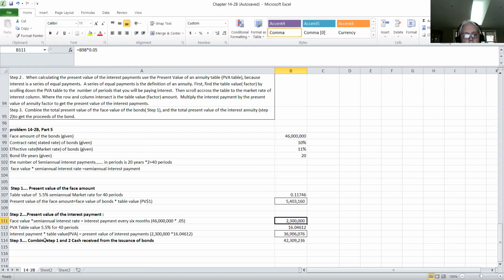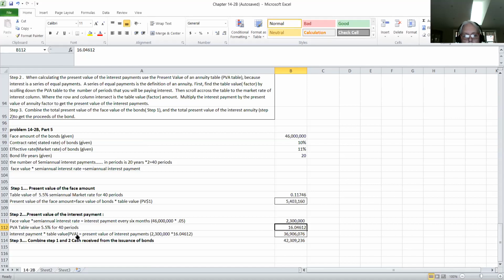To find the present value, we need to know what the table value amount is. Our table value amount is 16.04612. That's the intersection of the row and the column at 5.5% interest for 40 periods. This comes from the table.